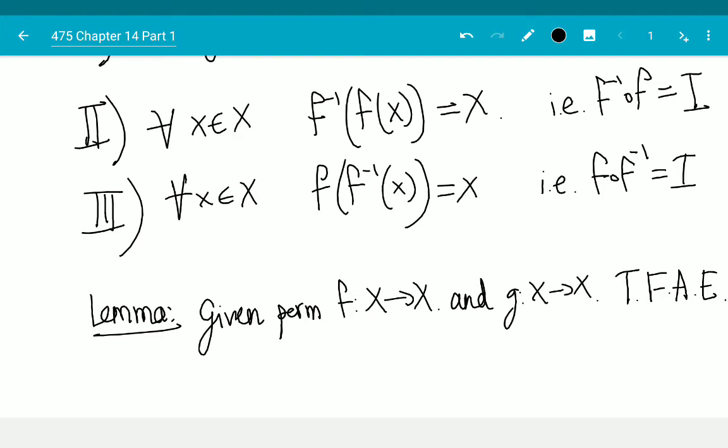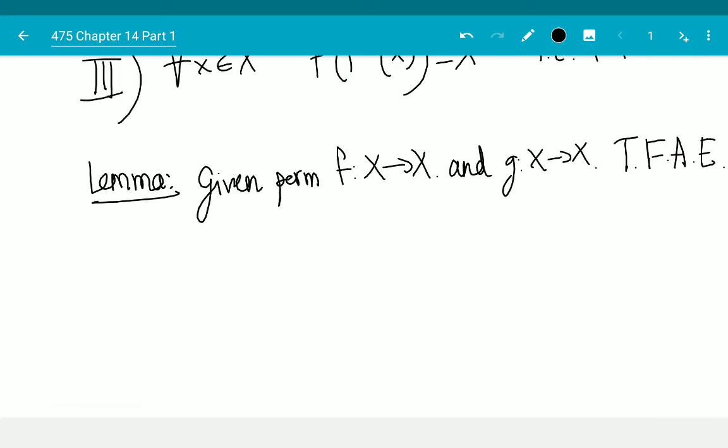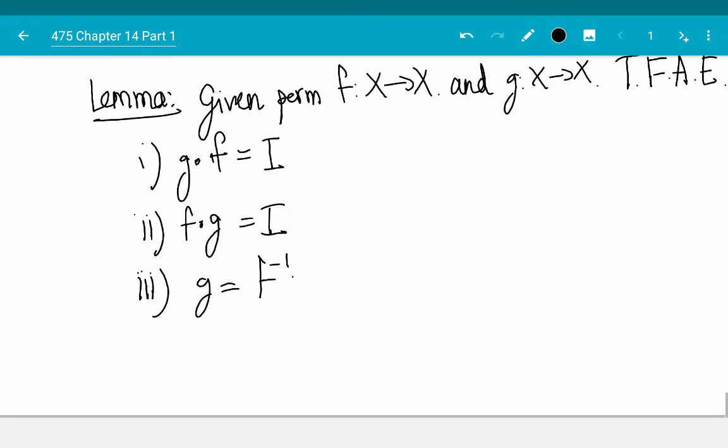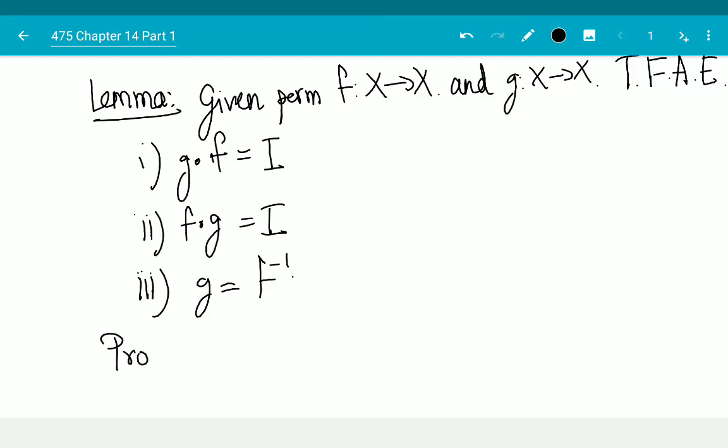I'm pretty sure I have used this before, so in case you aren't familiar with it, now you know. 1, g of f is equal to identity. 2, f of g is equal to identity. And 3, g is actually f inverse, or f is equal to g inverse, either one.